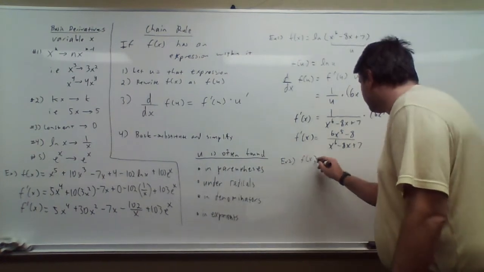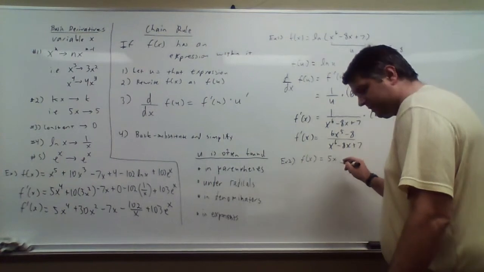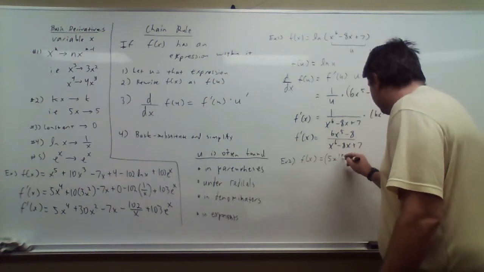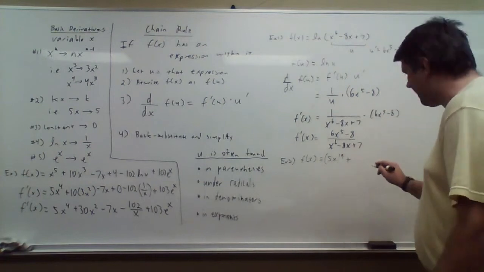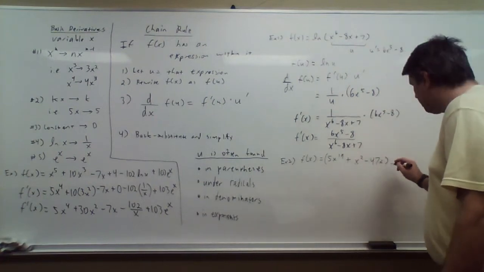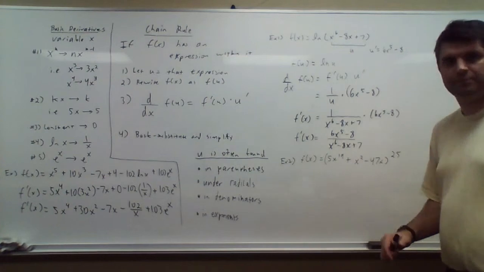F of x equals 5x, in parentheses, 5x to the 19th plus x squared minus 47x to the 25th power.